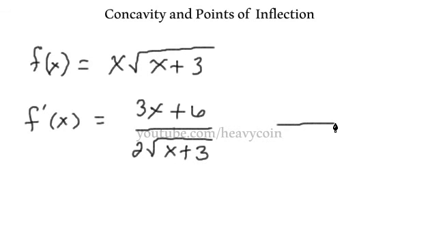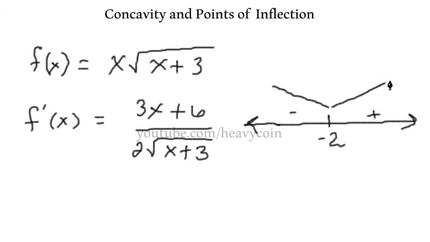Now we drew a number line and plugged in our critical number, which is -2 here. If we plug in a number to the left of this, it should be negative, and if I plug in a number to the right, like for example 0, we would end up getting a positive number. So it was decreasing and increasing.